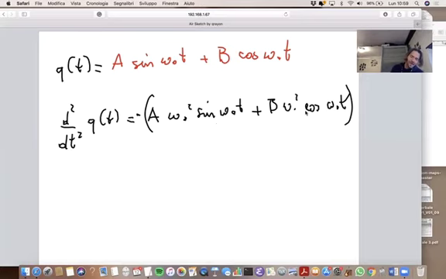Now, A and B are whatever they are. You see, no matter how I choose A and B, the equation of motion is always satisfied. However, of course, if I change A and B, the position at any time changes, right?